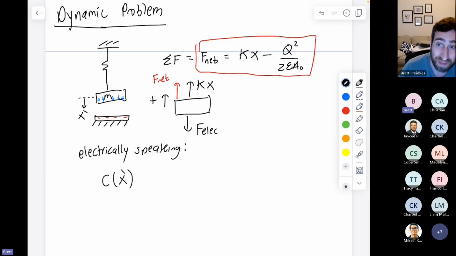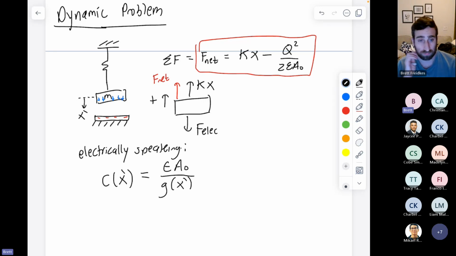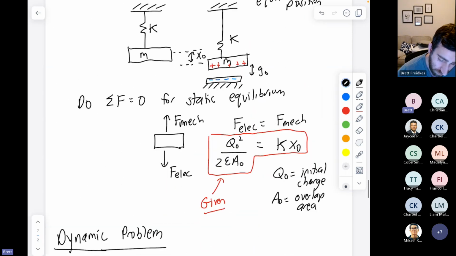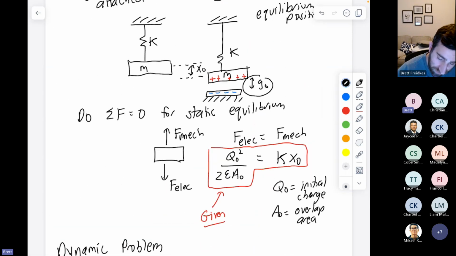So I'll say that the capacitance as a function of x prime will be epsilon A naught over the gap, which is now a function of x prime. And remember that the initial gap was G naught.